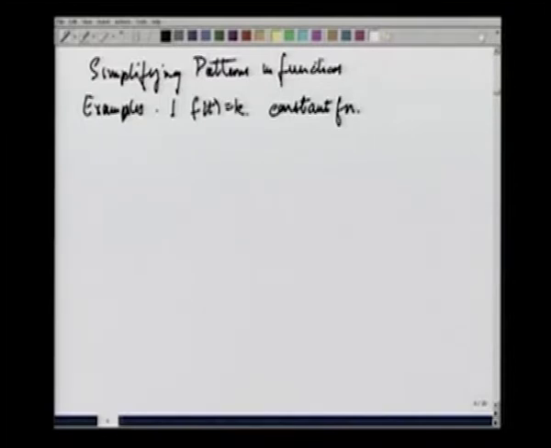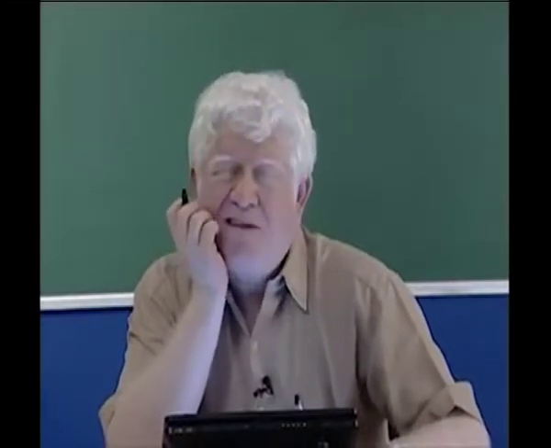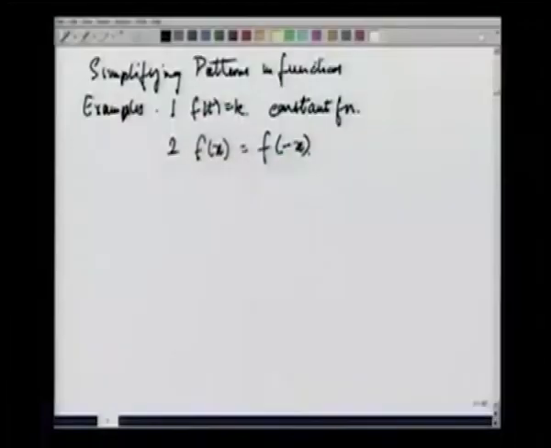Now, suppose we try something a little more complicated. Let us take an even function, f of x equals f of minus x. This is what we call an even valued function. Now, does this help us in some way? What is the amount of freedom that this function has to express itself? In the first example, that is f of x equal to k, it had absolutely no freedom at all.